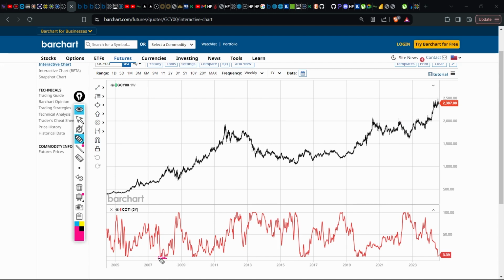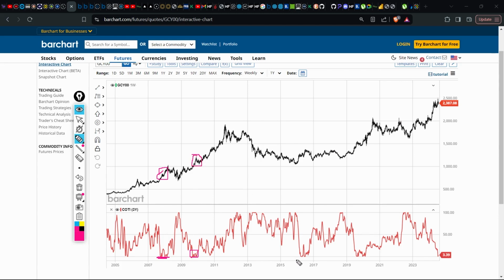This was 2007 to 2008, and around here is where price was at the time. Looking at another time, this is now 2009, the bottom here when the index was almost at 0, and this is where price was at that time.